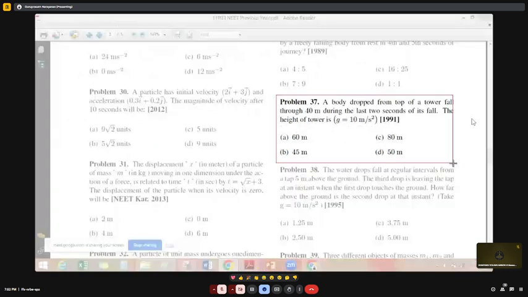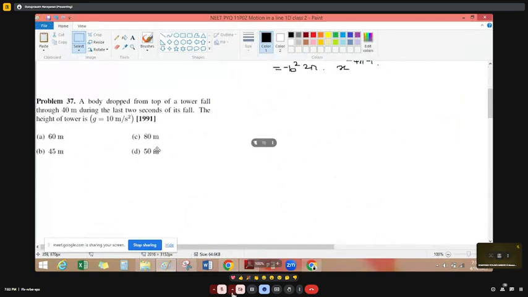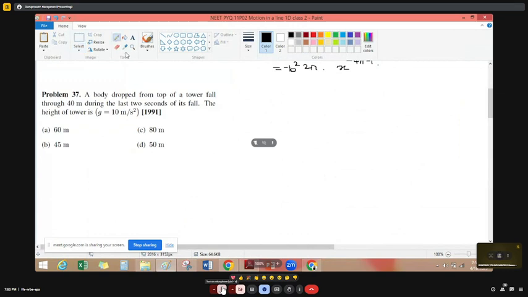A body dropped from the top of a tower falls through 40 meters during the last 2 seconds of its fall. Find the height of the tower. Yeah, I think it's very straightforward, easy one only. Nothing very difficult. We can try that. So a body is dropped, which means you... 40 meters during the last 2 seconds.